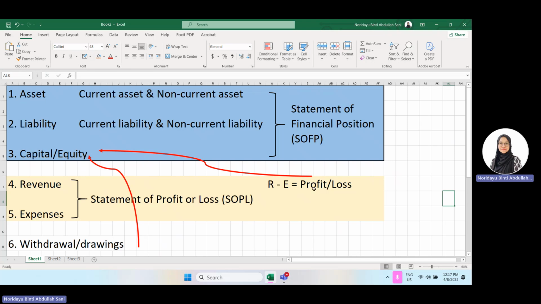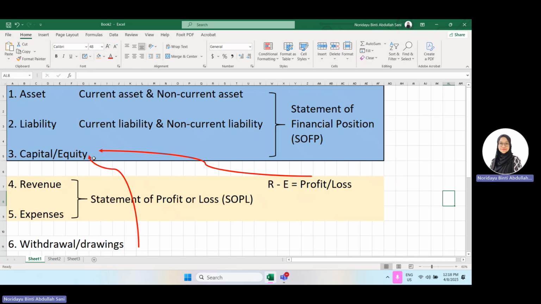As the owner, when your business has profit, you'll be happy, you should enjoy it. So this extra money, which comes from your profits, will go to your capital or equity. So in other words, when we have profit, our capital will be increased, goes up. The other way around, when we have loss, our capital will be reduced.